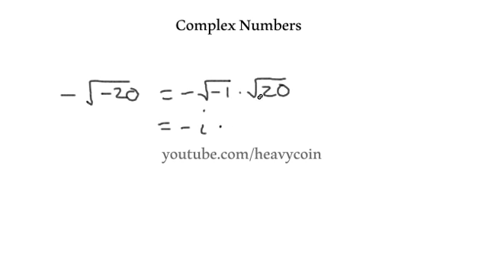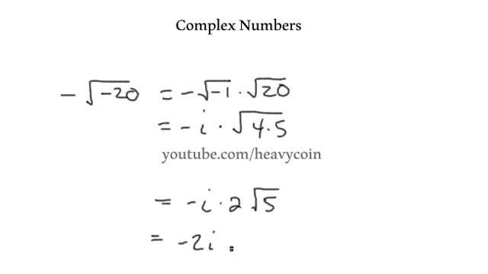Let's just get that out of the way. We can break this up as 4 times 5. And of course the square root of 4 is 2, and we can't break that down anymore. And the standard form would be -2i, and we'd write the radical over on the right hand side of the i, right there.